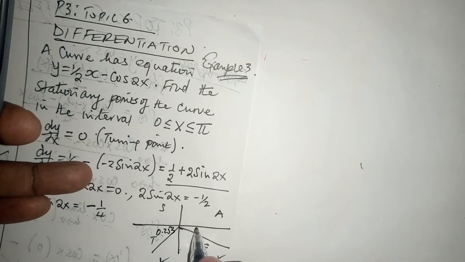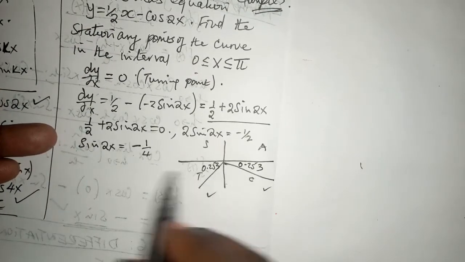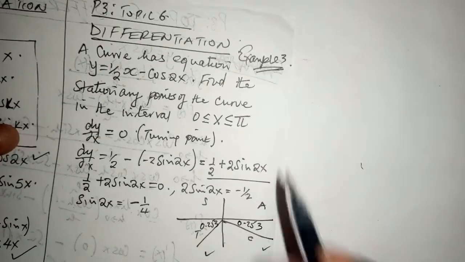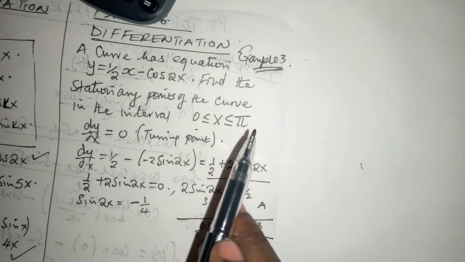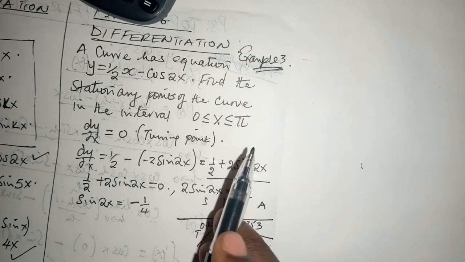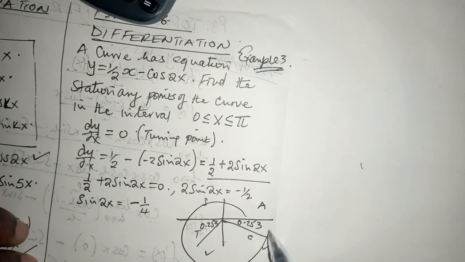Because the range is from 0 to pi, the range for 2x is going to be 0 to 2 pi, so we will be allowed to go around the whole circle.